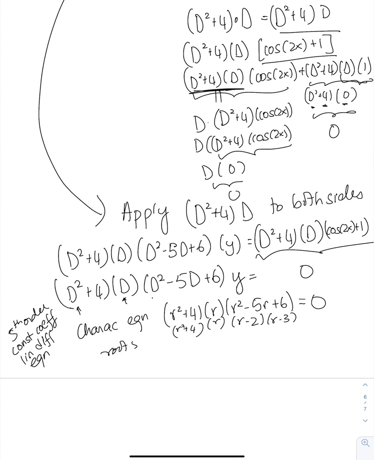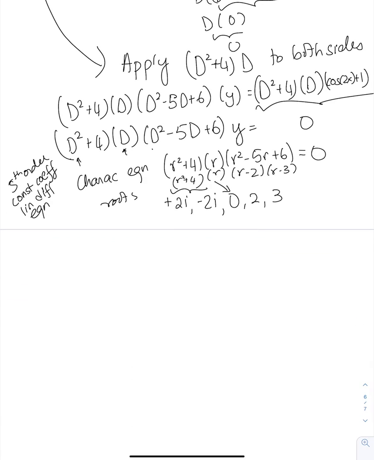Let's just write it like that. So what are the roots? Plus 2i, minus 2i, 0, 2, and 3.